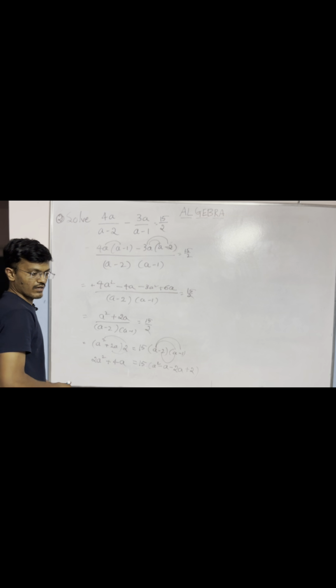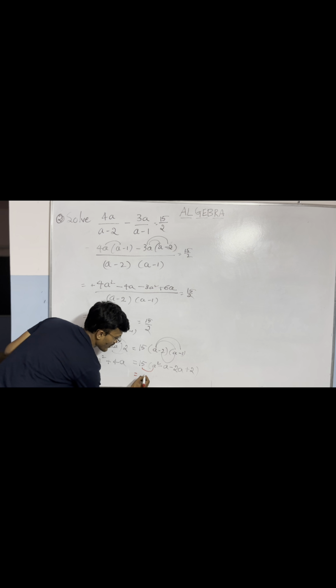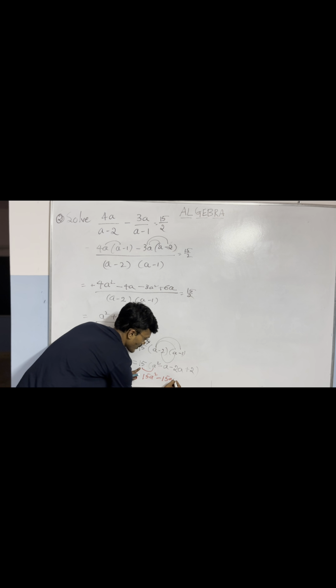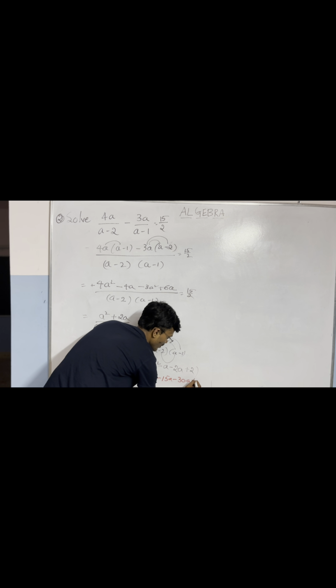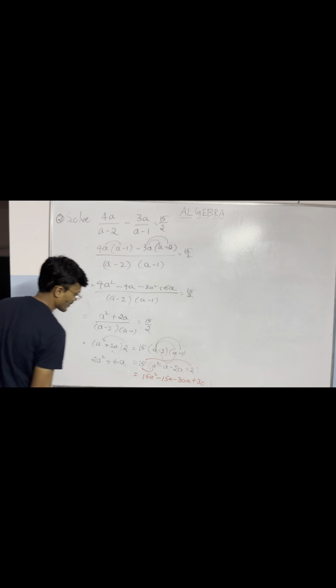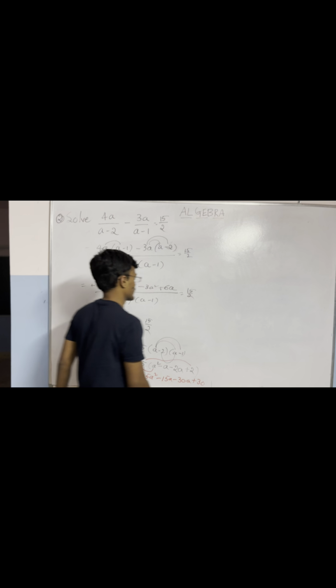So 15 into a square is 15a square, 15 into minus a minus 2a is minus 45a, and 15 into plus 2 is 30. On the left, 2a square plus 4a as it is.